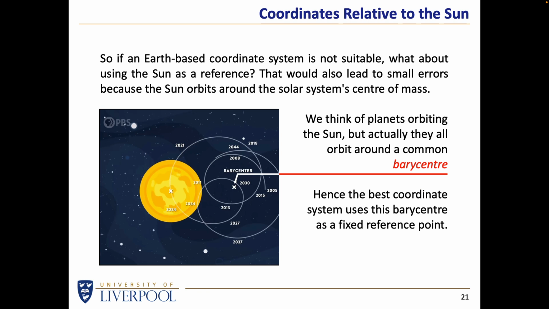And we know where the Earth is relative to that point, so any measurement we make from the Earth or from any spacecraft at a particular point relative to the Earth, we can work out what the coordinate would be relative to the Sun. Sorry, not relative to the Sun, relative to the center of the solar system. So that, it was decided, is the best system to use.